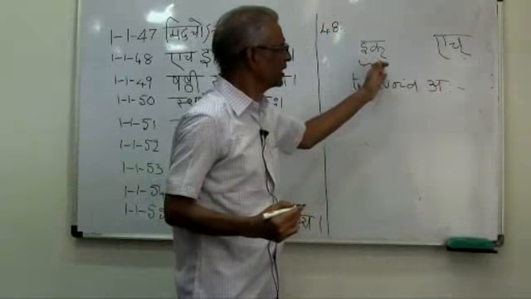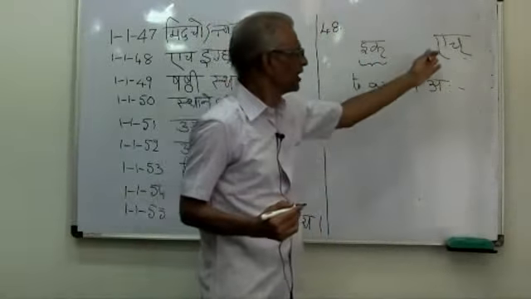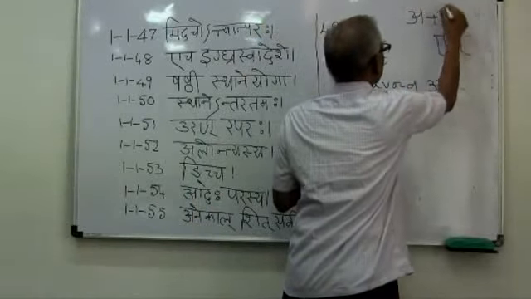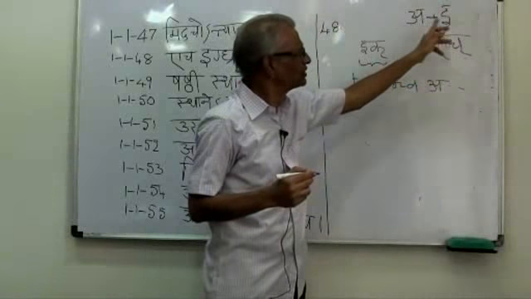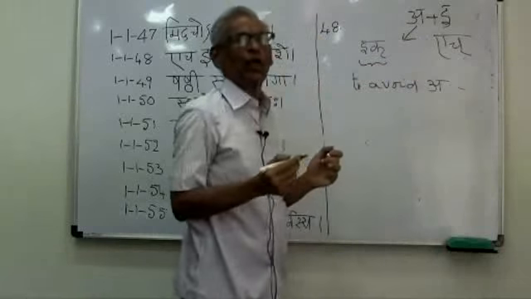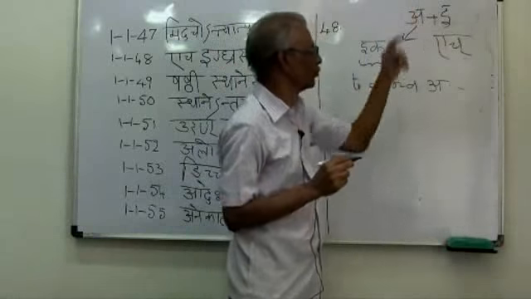Otherwise, if you don't say ik, it will become hrasva. This ekara is after all a plus i. So when we say this a plus i becomes hrasva, you may take akara. To avoid that contingency, they say ik. You have to take ikara only.